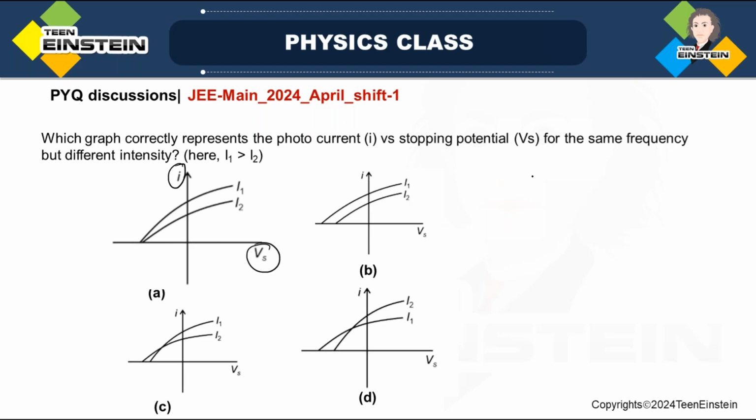According to quantum theory, intensity means the number of photons passing per unit area, per unit cross section, per unit time. Suppose the intensity is I1 for this, with the same area. When the number of photons per unit area is less, then this is I2.